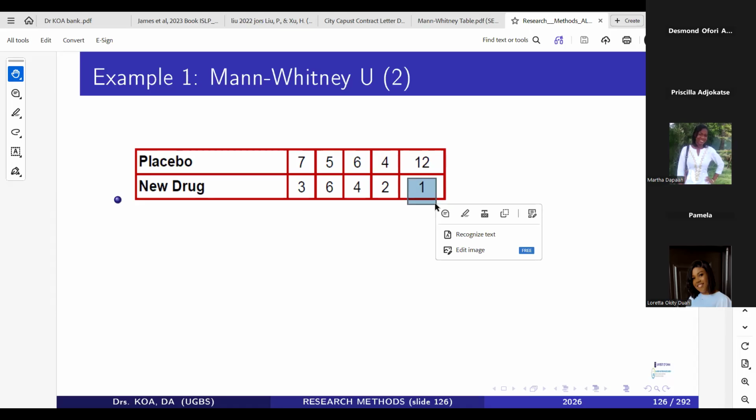You have to tell us the number that we are looking at. Okay, so as compared to placebo, the new drug gave the person 3 episodes, which is less than the 7 episodes that those who took placebo had.